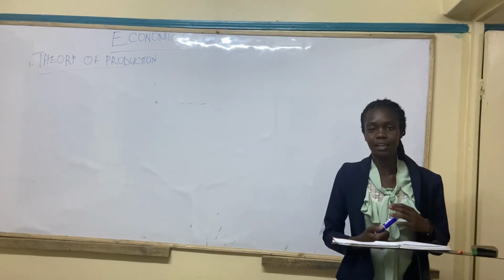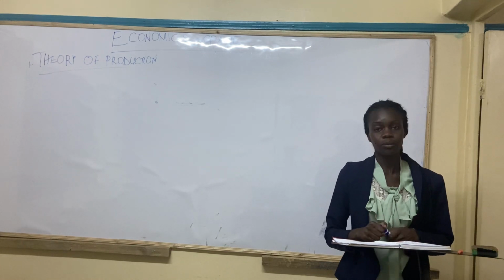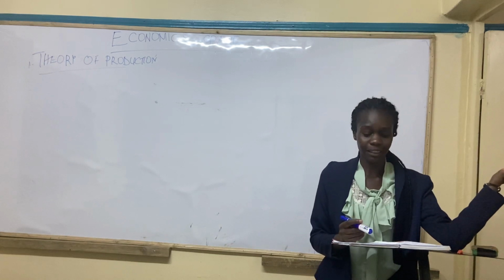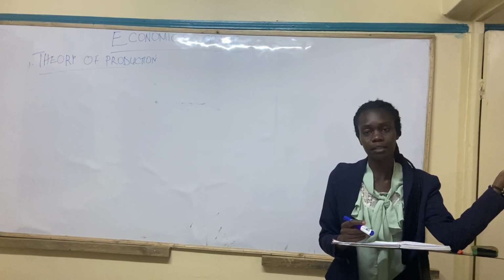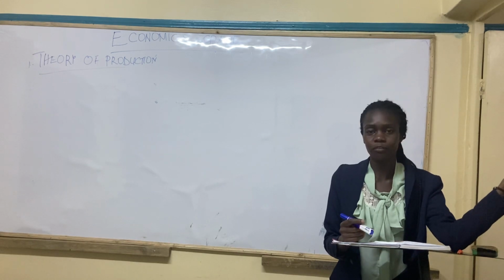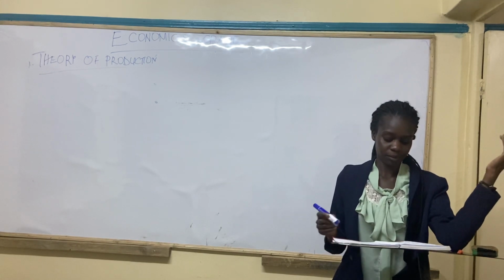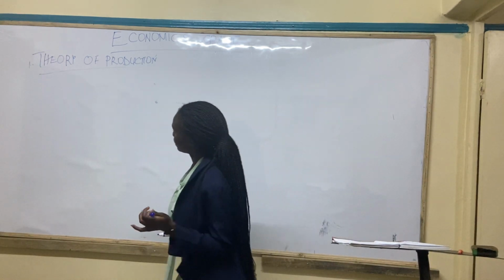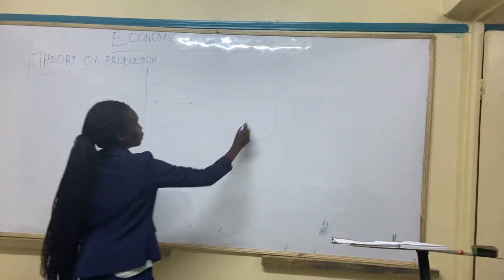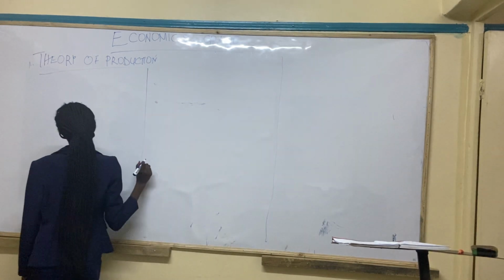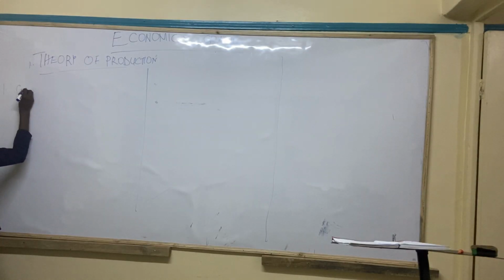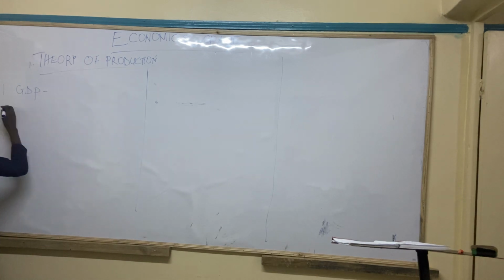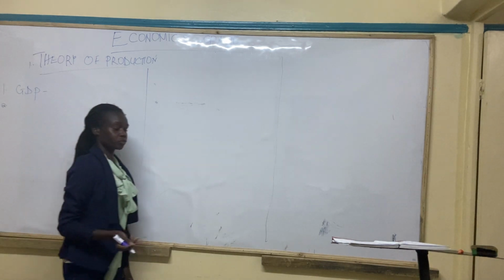The first one is gross domestic product, which is the money value of goods and services produced within a country, but excluding net income from abroad. This is what is produced inside a country. This is GDP. This is what is produced in the country other than inputs.